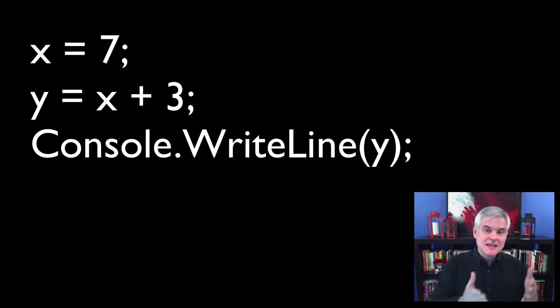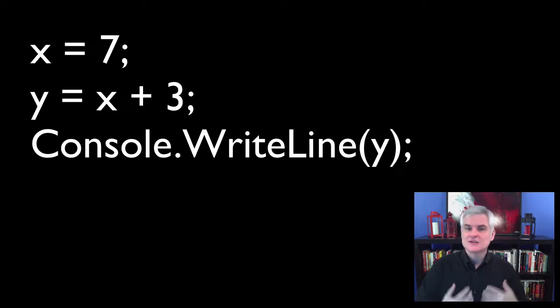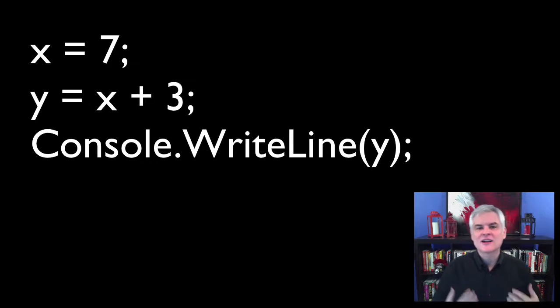First, the x and the y, as far as C# is concerned, are called variables. And a variable is simply a bucket in your computer's memory that's capable of storing a value. So you can put values into the bucket. You can retrieve values out of the bucket. You can put new stuff to cover up the old stuff in the bucket.